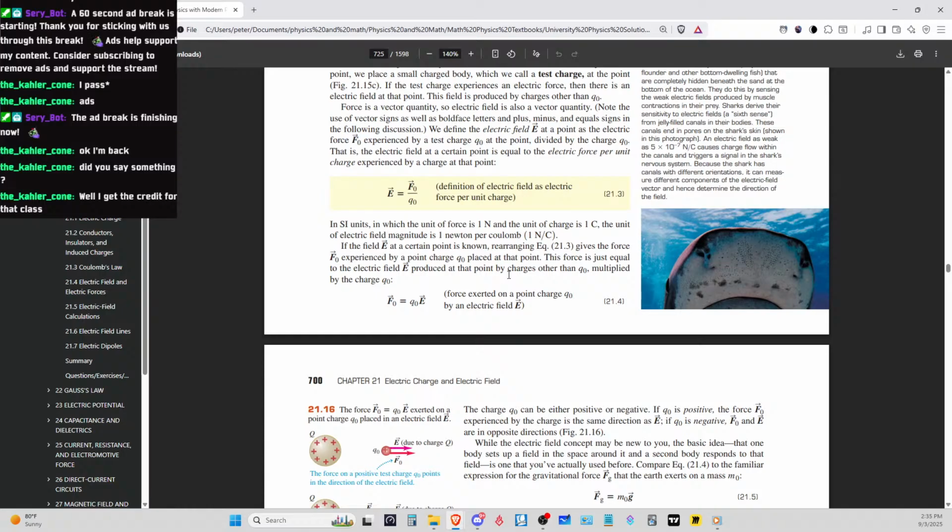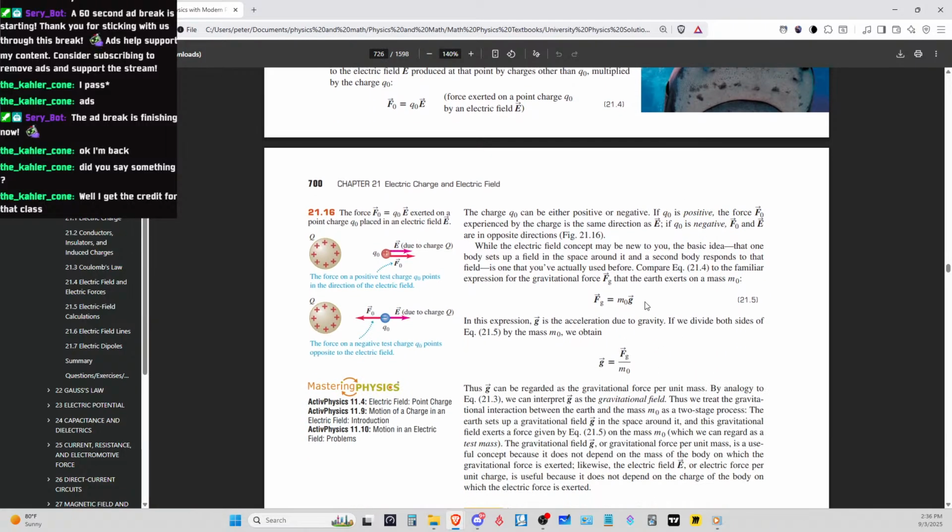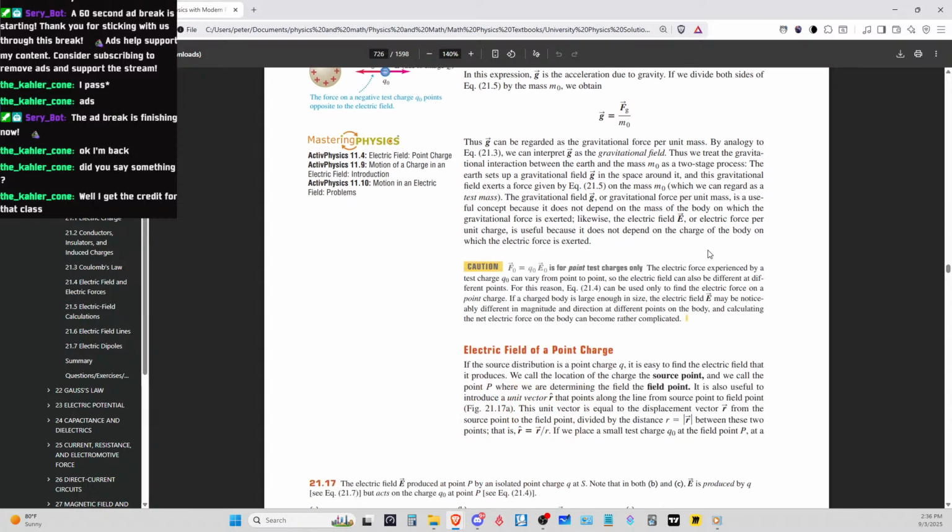Because the electric field is a field, I think of it as a field, but the acceleration due to gravity is also a vector, and in this case the electric field is considered a vector. So the similarities between gravity and electricity are similar when it comes to fields. I never really thought of the Earth's gravitational constant as a gravitational field, but it can be considered one if you think about it deeply.